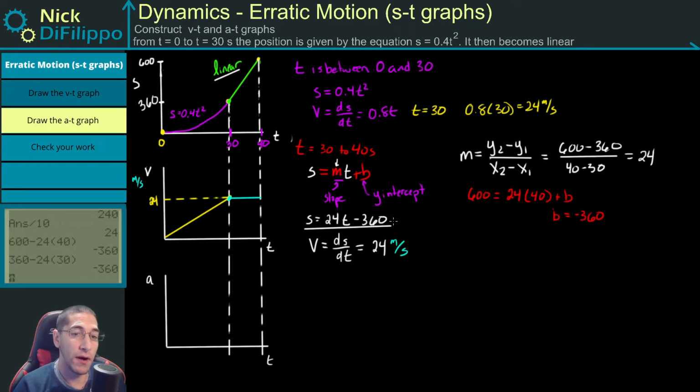So we figured out what our velocity graph is. Now let's look at the acceleration graph. In the acceleration graph, we do the same thing. For our acceleration, we know that our acceleration is equal to the change in velocity over the change in time. We know our velocity, and this is going to be from 0 to 30 seconds.